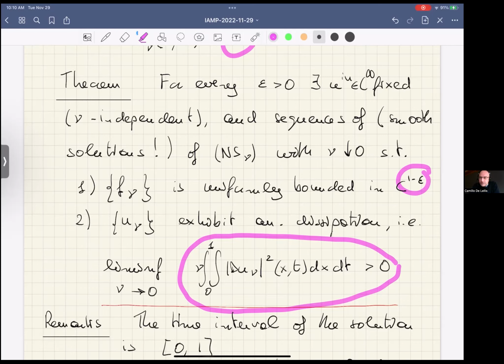And you make some statistical considerations, and under some statistical consideration, there is an energy flux from, say, lower modes to higher modes.